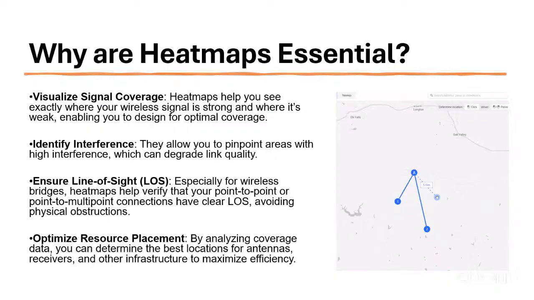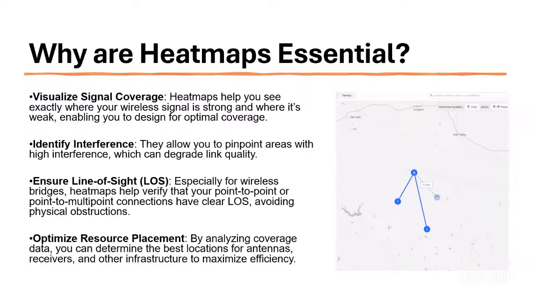And third, they help us ensure line of sight, which is very important, especially for wireless bridges. Heat maps help verify that your point-to-point or point-to-multipoint connections have clear line of sight, avoiding physical obstructions. And last but not least, they optimize resource placement. By analyzing coverage data, you can determine the best location for antennas, receivers, and other infrastructure to maximize efficiency.